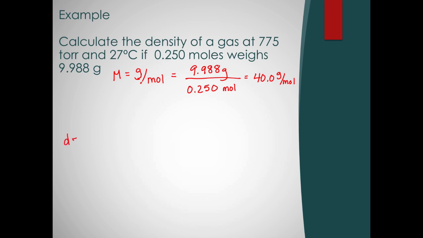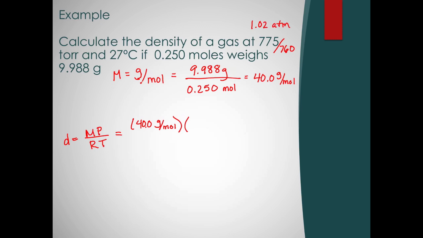So now we'll do the exact same thing we did last time. We have density equals MP over RT. So our molar mass is 40.0 grams per mole times our pressure, and here again our pressure is in torr. We need to divide that by 760, and that will get us 1.02 atm.